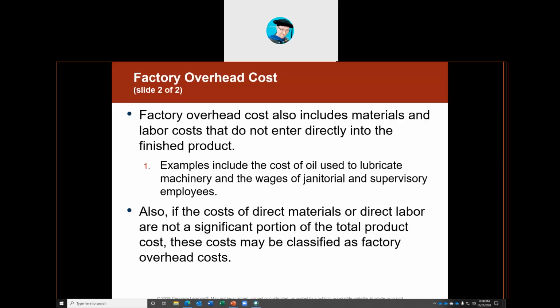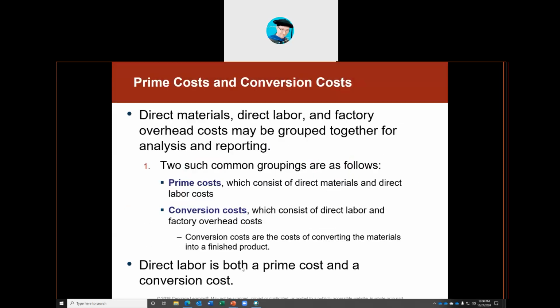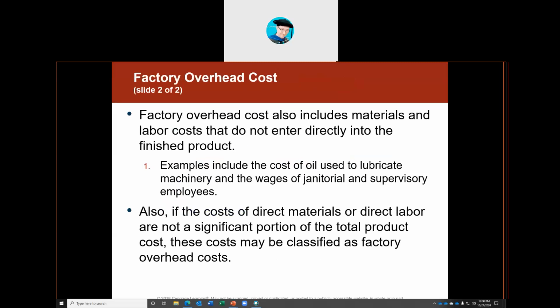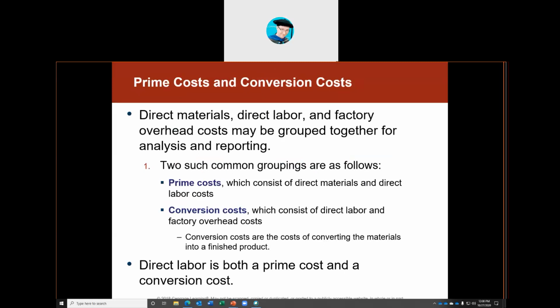We'll talk more about how that works in future chapters. Also, if there are costs of direct materials that are not significantly proportioned to the total product cost, these costs may be classified as factory overhead. Don't worry, we'll talk more about factory overhead. It's a little bit more cumbersome, but we'll do a deep dive on that, especially in future chapters.